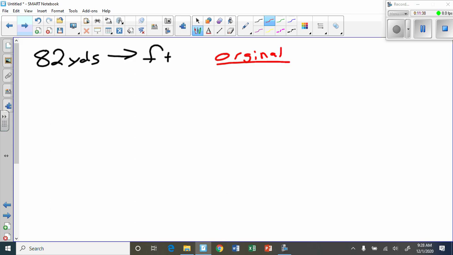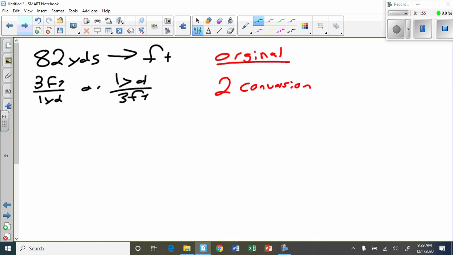Now, the conversions. What are my 2 unit multipliers that I need to use to go from yards to feet? Well, it's either 3 feet over 1 yard or 1 yard over 3 feet. It seems an unnecessary step, but this will save you points in the long run. Now, we multiply.